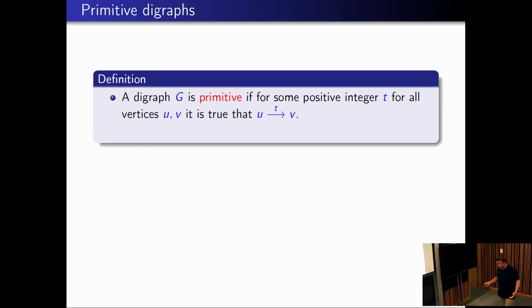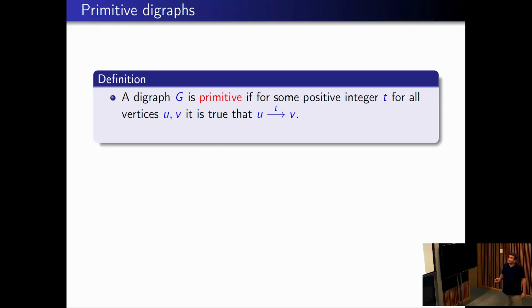So another property, if we go more deeply into this set of decomposable matrices, we arrive at a very interesting class, which is called the set of primitive matrices.